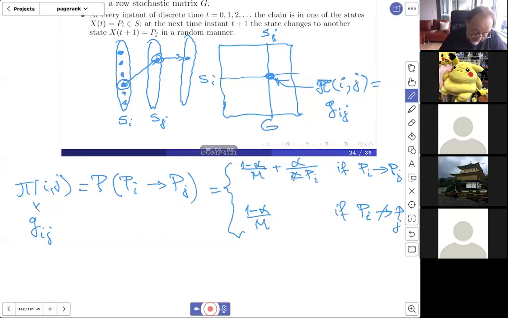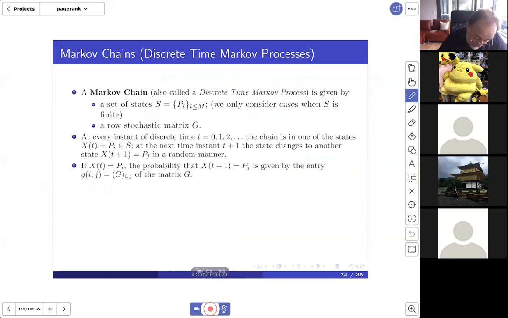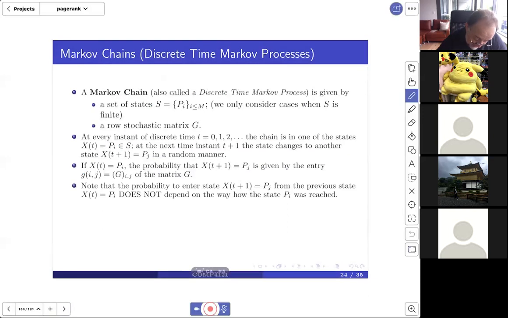So our Google matrix is an example of a matrix that corresponds to a Markov chain, because each entry Gij gives the probability, if you are at page pi, to end up next turn at pj. Note that when we do random jumps or follow links, the probability to end up at pj doesn't depend on how you ended up at pi, from which other web page.